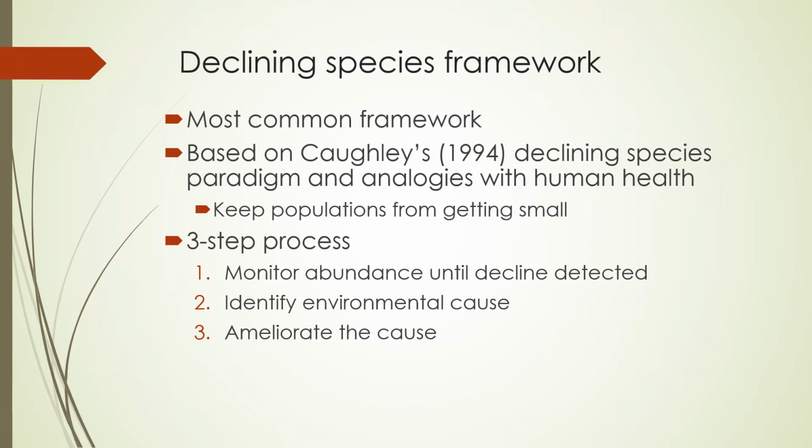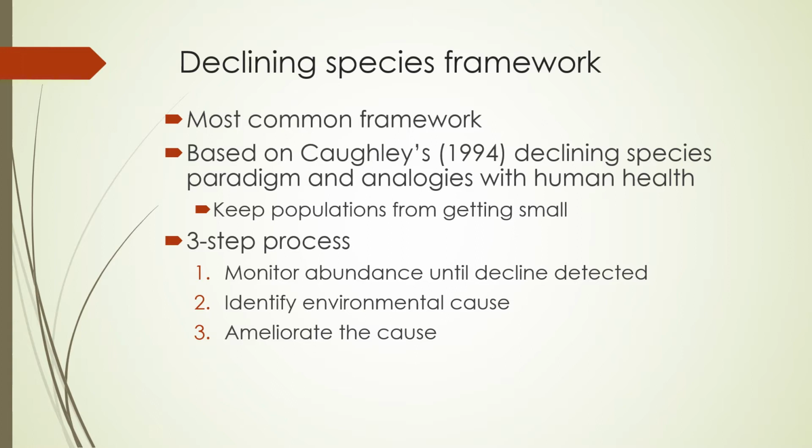And all over the United States, there was noticeable declines in the numbers of nesting pairs. So that led to some alarm that there was a widespread decline occurring in these species.